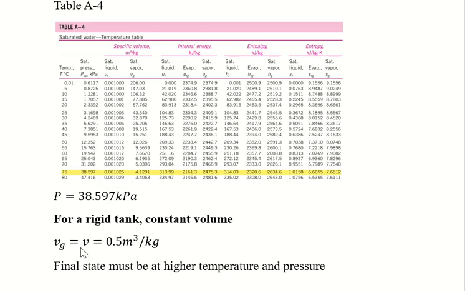It means they're in the vapor phase. They're not just superheated, but they're somewhere at the verge. Any increase in temperature will make it a superheated vapor. In the previous video, we covered the difference between superheated vapor and saturated vapor.